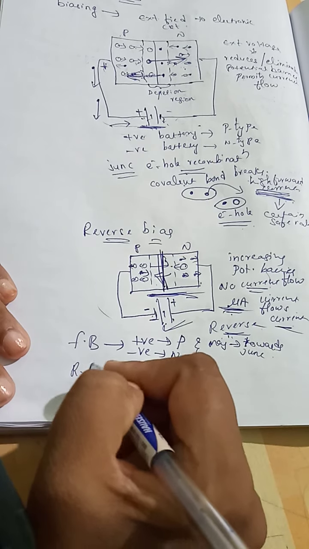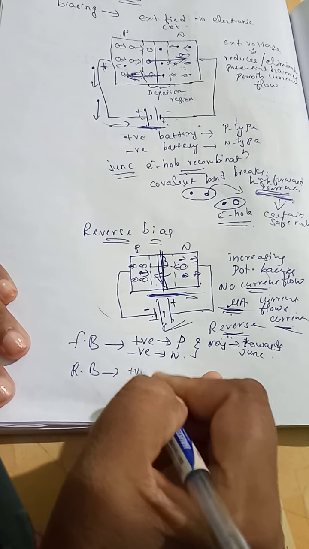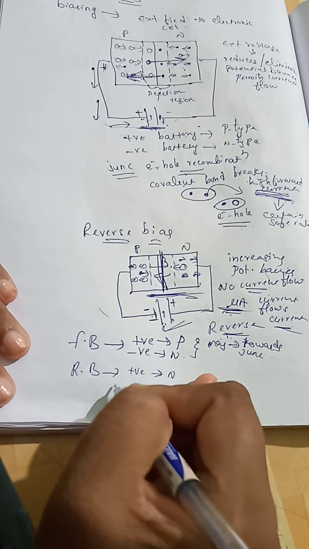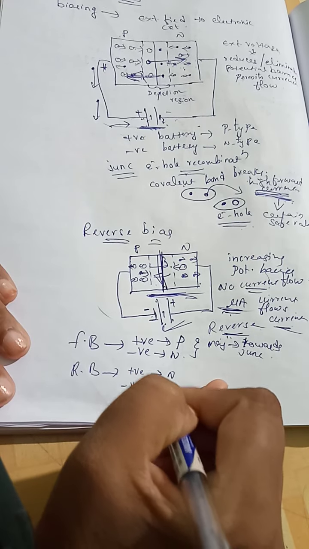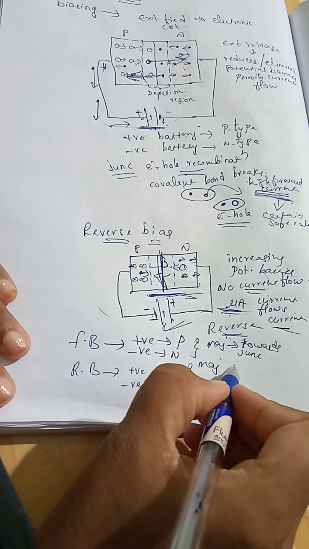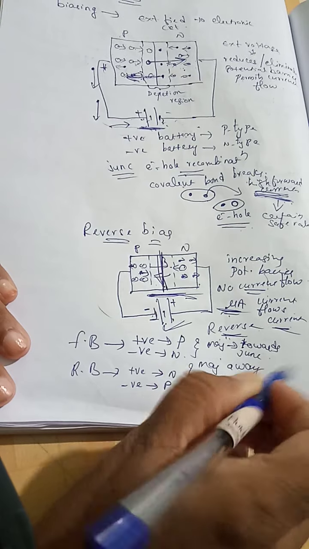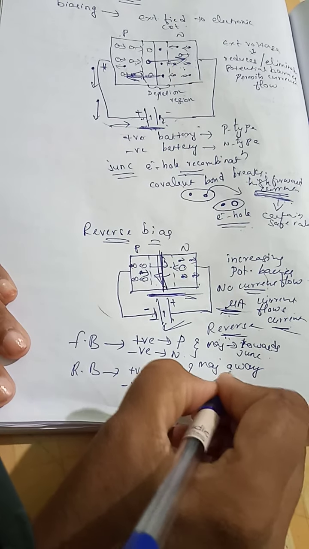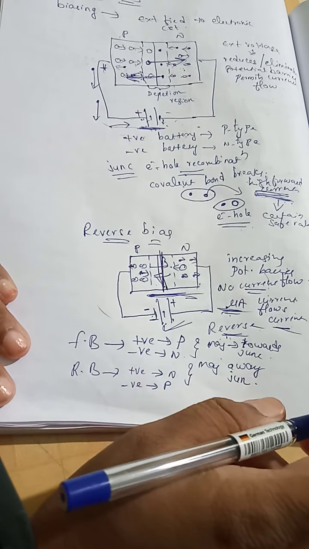Similarly, in reverse biasing, the positive terminal is connected to the N and the negative terminal is connected to the P. Due to that, majority carriers move away from the junction.